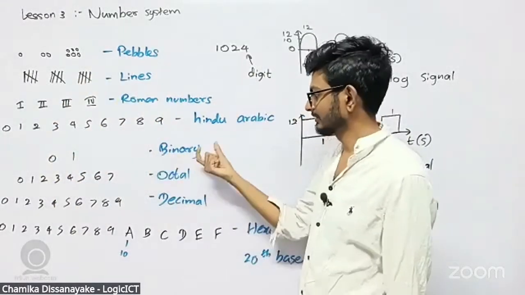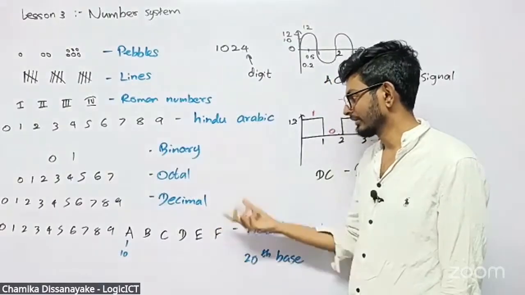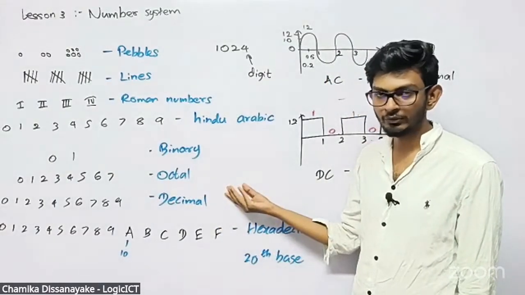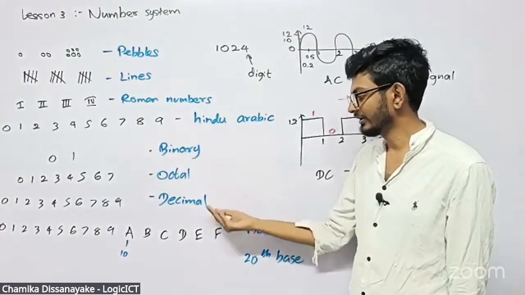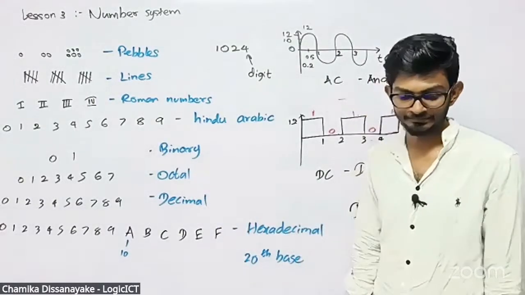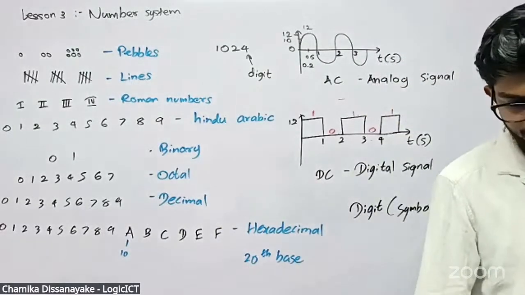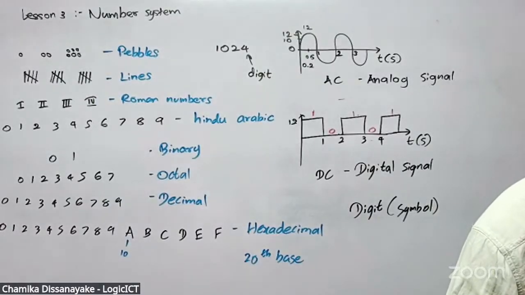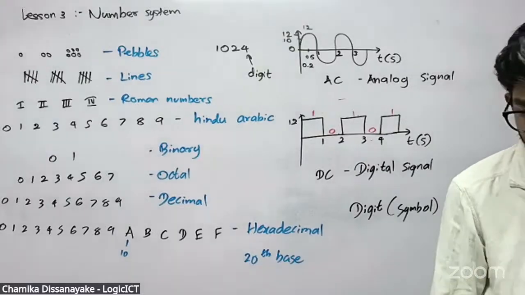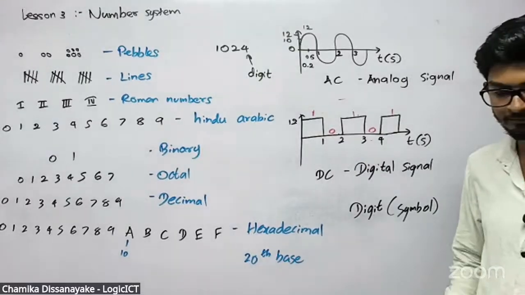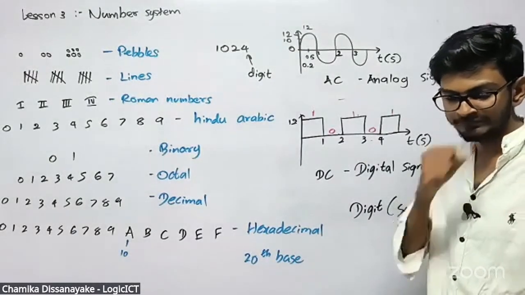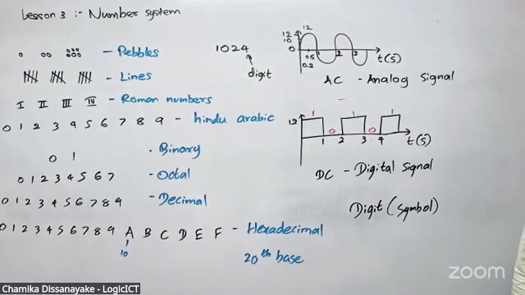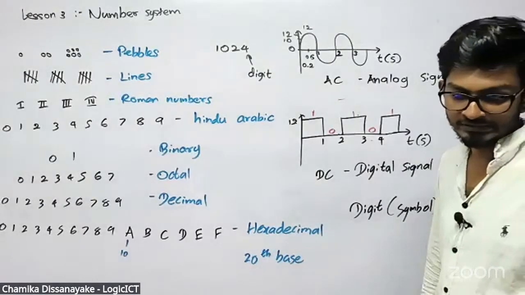Just write binary, octal, decimal, and hexadecimal.